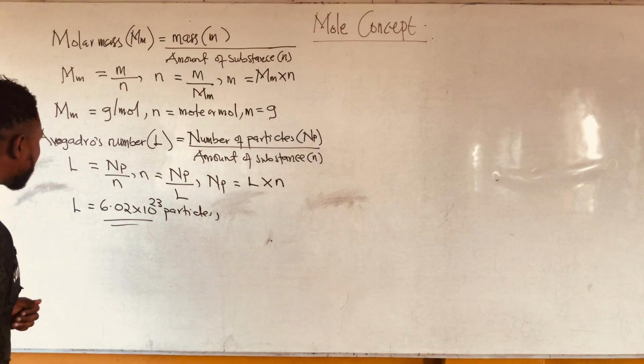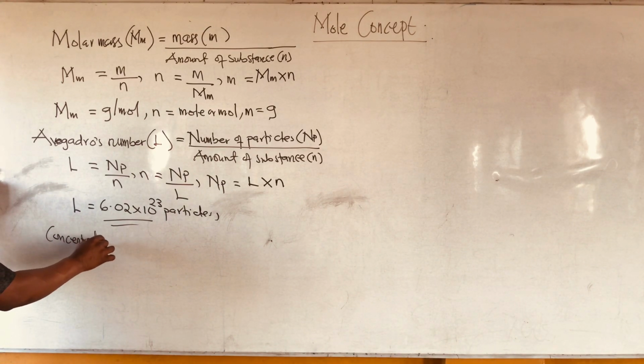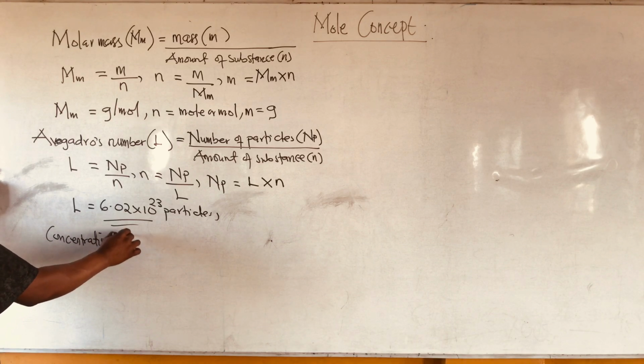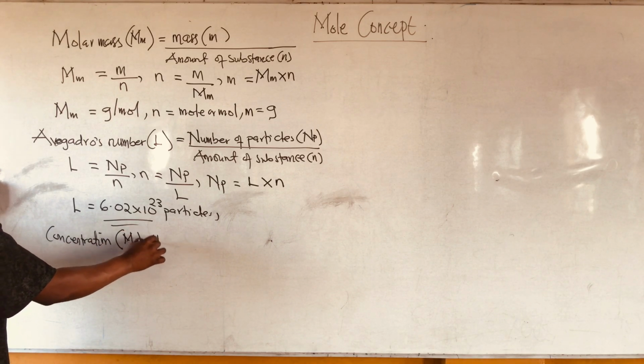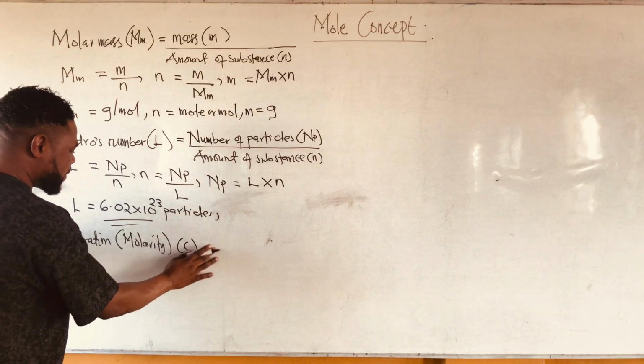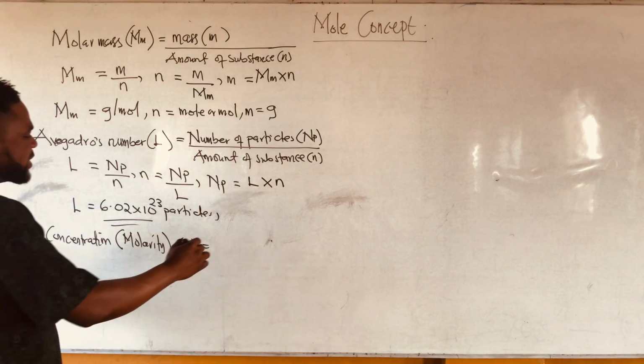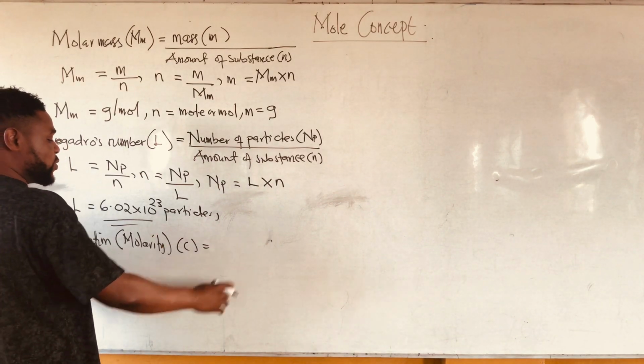Let us proceed to what we call concentration. There is a term called concentration, or molarity, in mole concept. Concentration is the amount of substance dissolved in 1 dm cube of a solution.